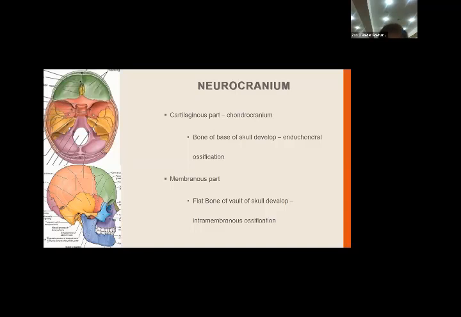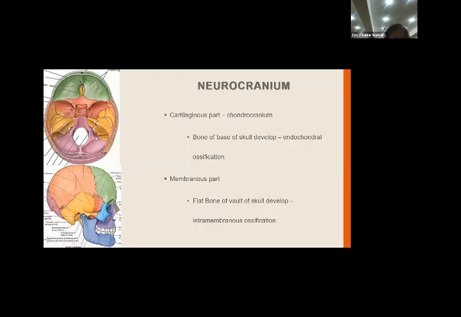No cartilage is formed. Mesenchyme directly develops into bone, and so they provide protection to the developing brain. ठीक है? जबकि ये जो part है, इसके ऊपर तो the bone is just resting on this part, so उसमें कोई as such protection required नहीं है.